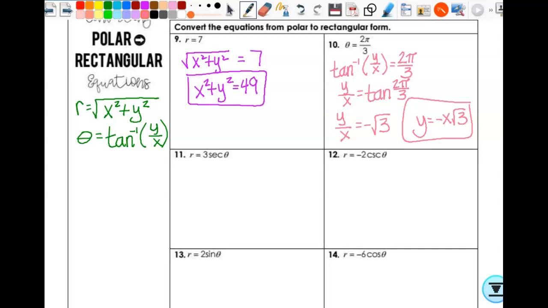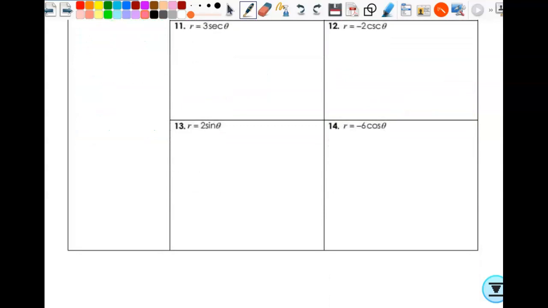So, number 11, I have r equals 3 secant theta. If I substitute r with this right here, that's not going to get rid of my theta. Like, I got to get rid of the r and the theta, right? But I do know that secant is the reciprocal of what? Cosine. So I'd like to get it out of the reciprocals at first anyway. So r is equal to 3 over cosine theta.